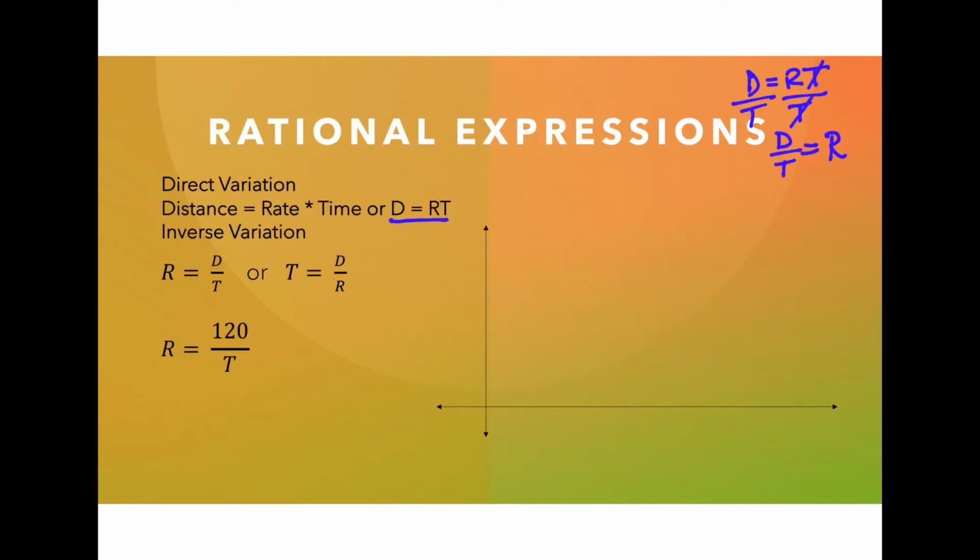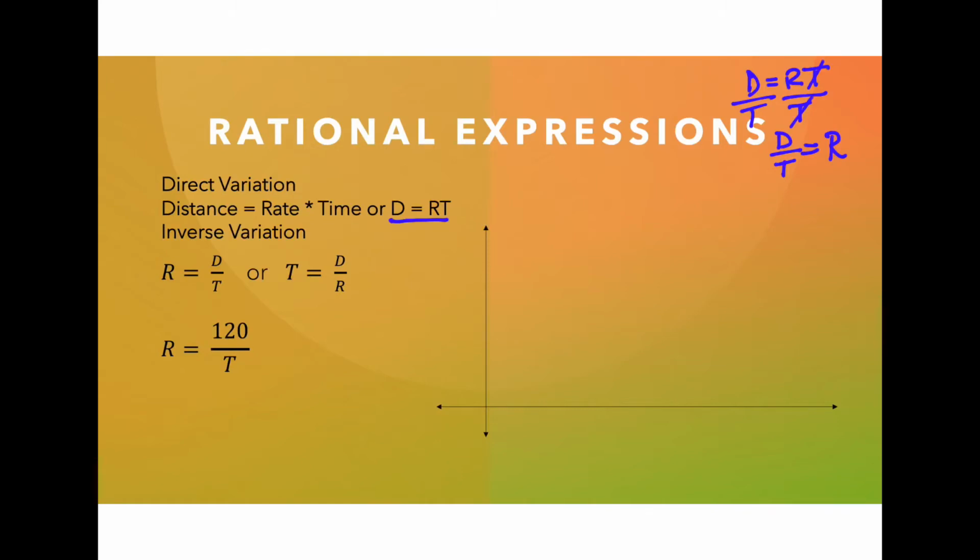And we could do the same thing by isolating t by dividing both sides by r. So you can see I can also transform the same equation, but we're simply looking at it from the perspective of time or the perspective of rate.